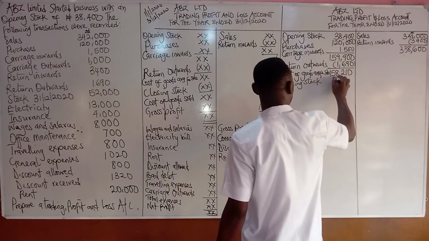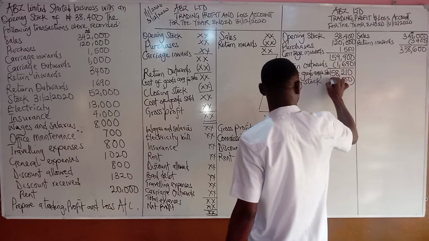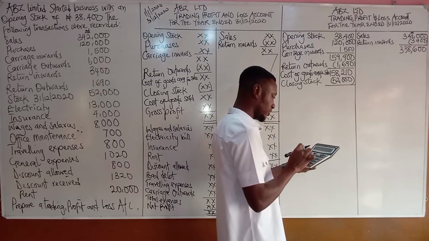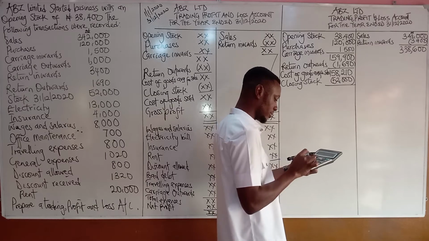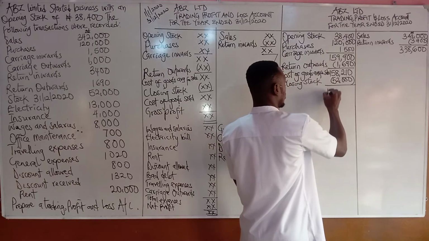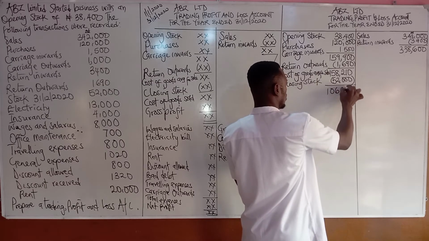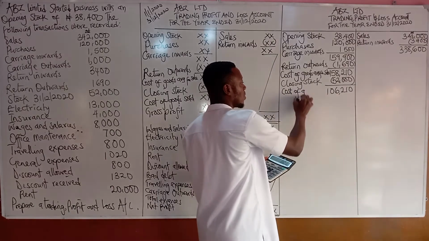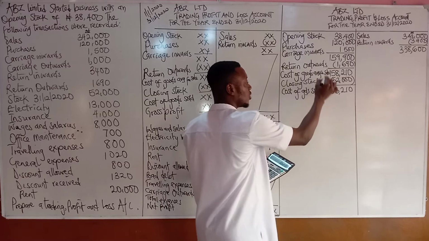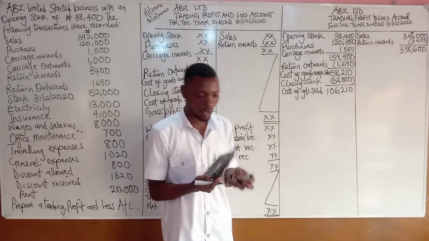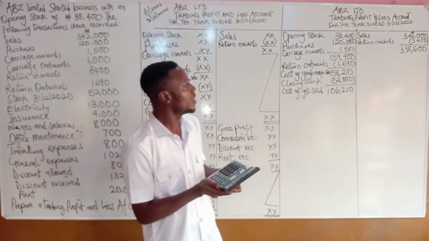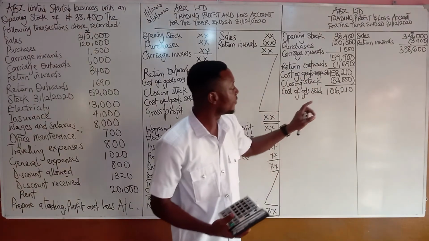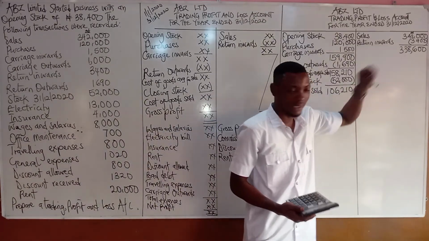So I have 52,000 in bracket, subtract, minus 52,000. This will give me 106,210. Now this will be cost of goods sold. Now that we've gotten our cost of goods sold, we are now looking if this cost of goods is less than our sales.